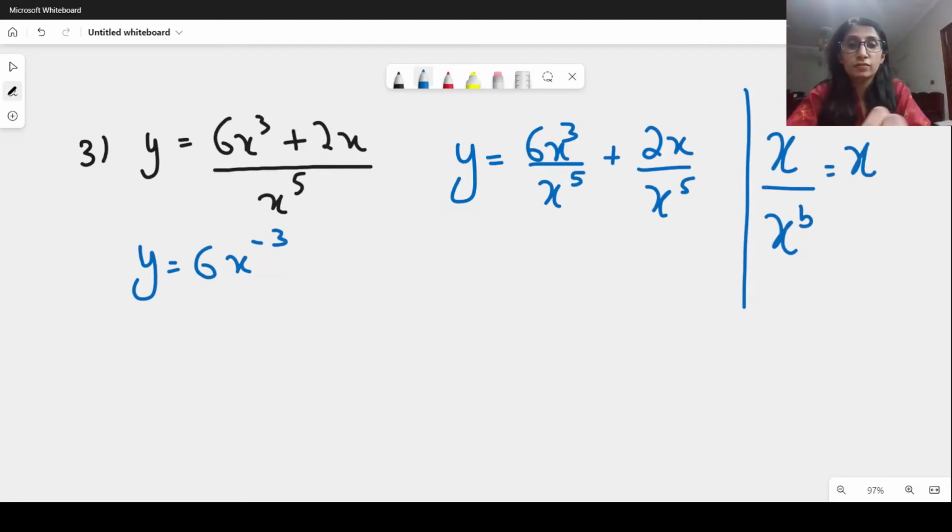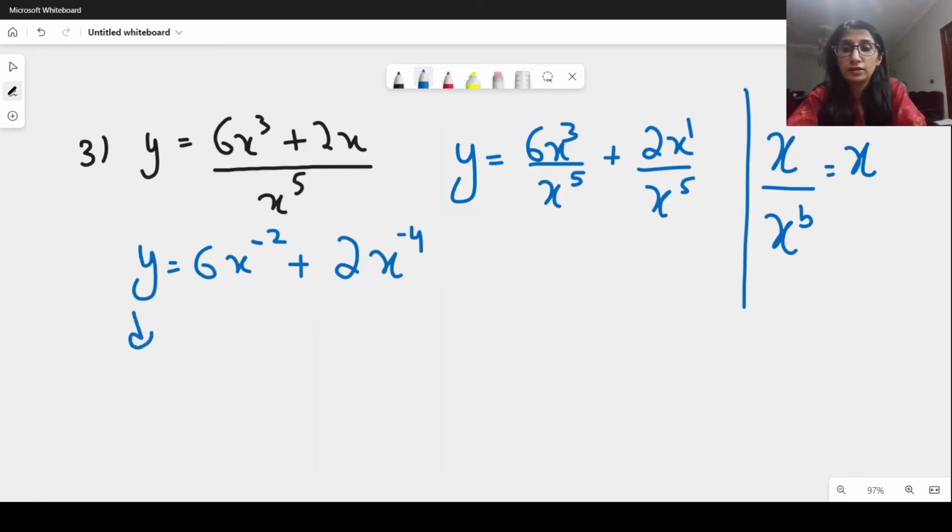So 3 minus 5 is actually minus 2, plus 2 x power 1, and then there's x power 5 in the denominator, so 1 minus 5 is minus 4, so 2x power minus 4. Okay, so this is the simplified function. y is equal to 6x power minus 2 plus 2x power minus 4.